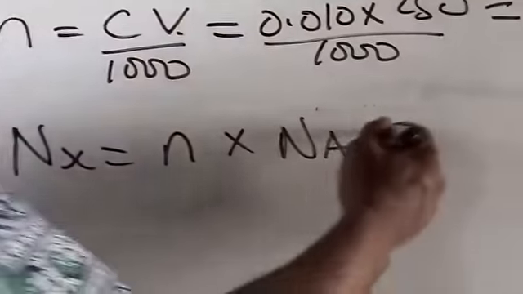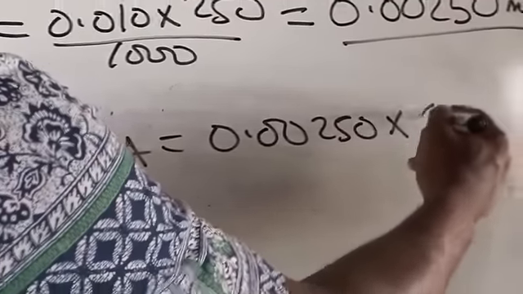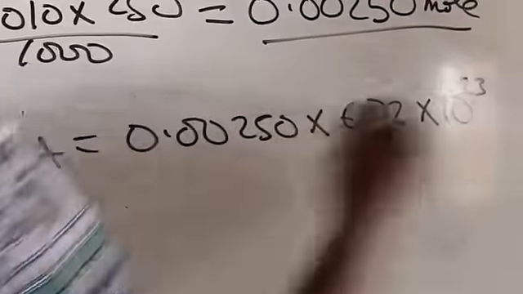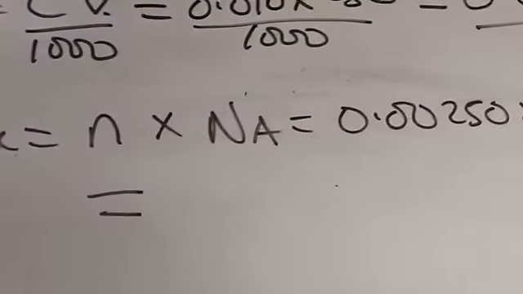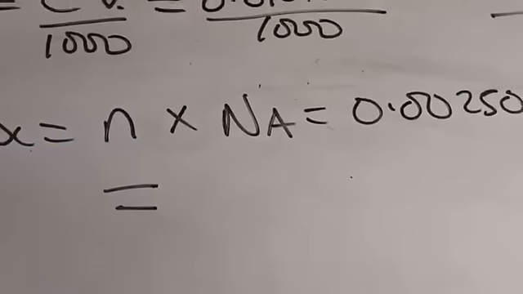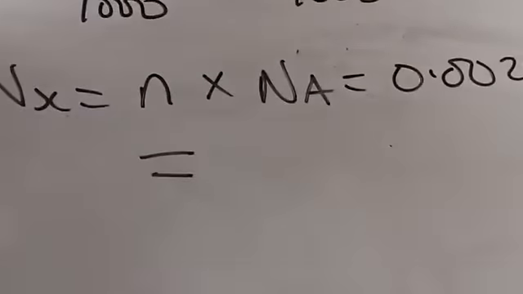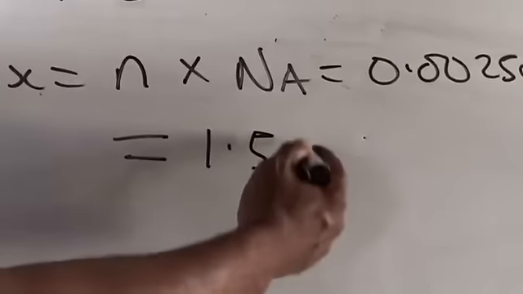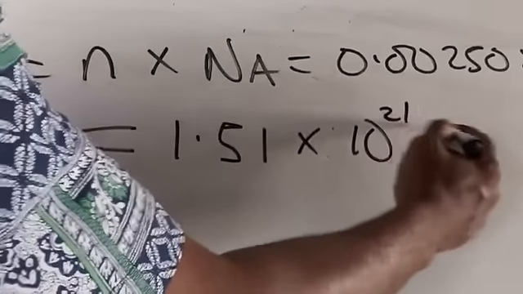That will give 0.00250 times 6.02 times 10 power 23. So what's the answer? 1.505. 3SF is what? 1.51 times 10 power 21 ions.